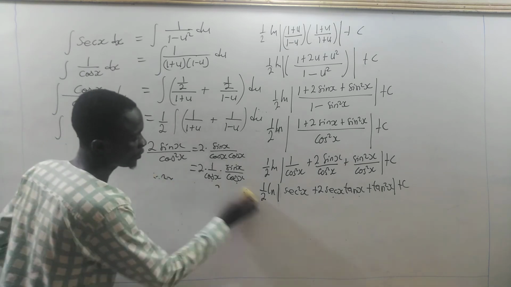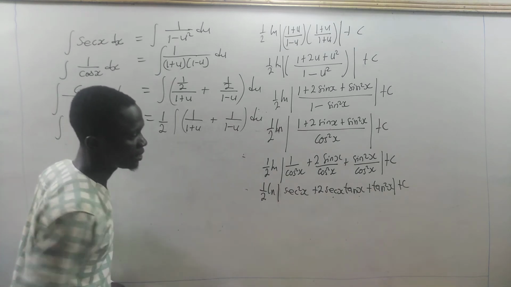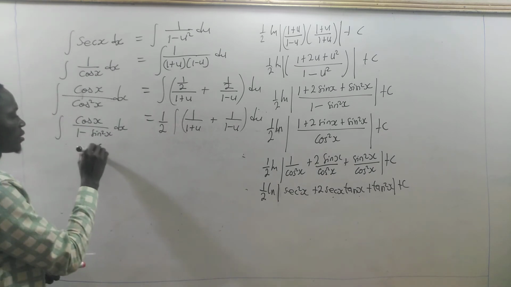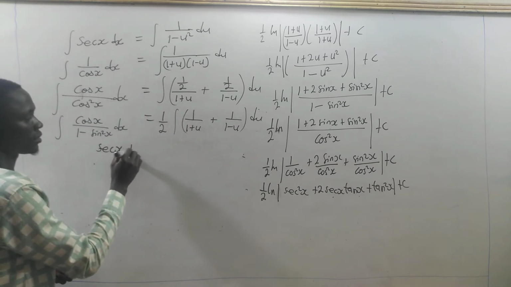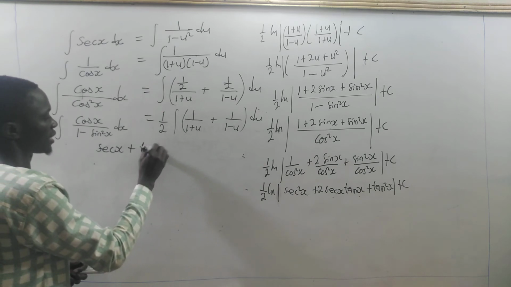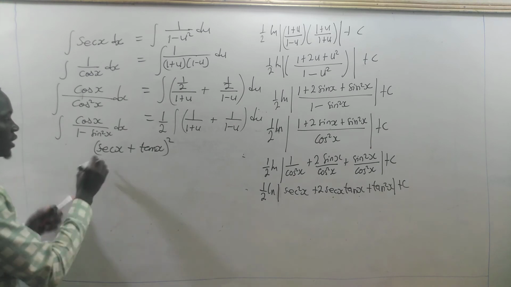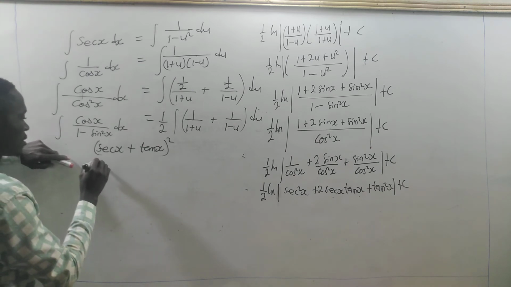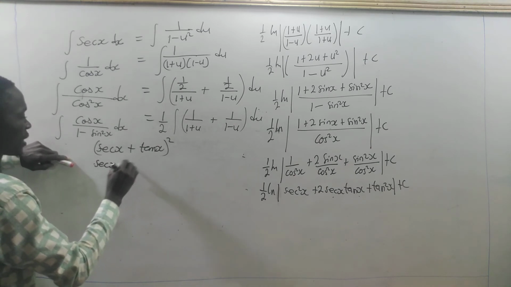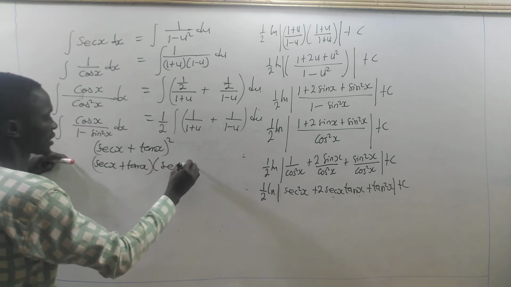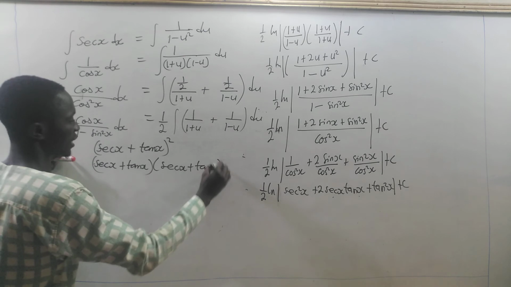Now, for the expression inside the absolute value sign, let us take secant x plus tangent x all squared. This will give us secant x plus tangent x times secant x plus tangent x.